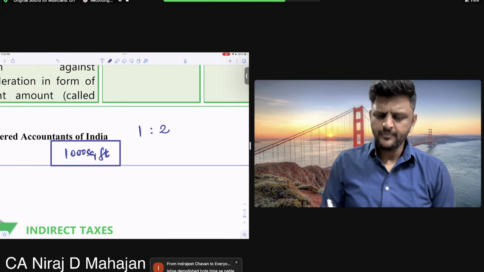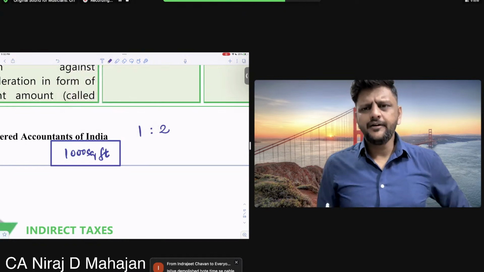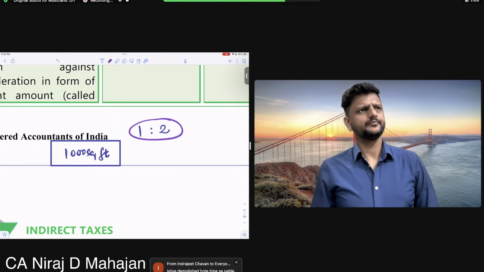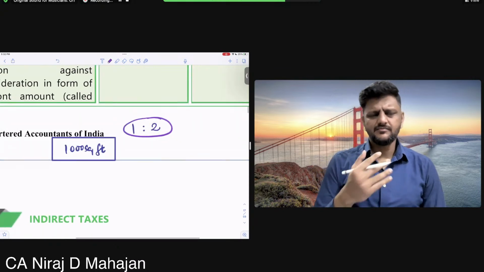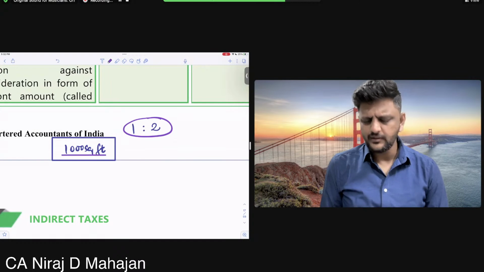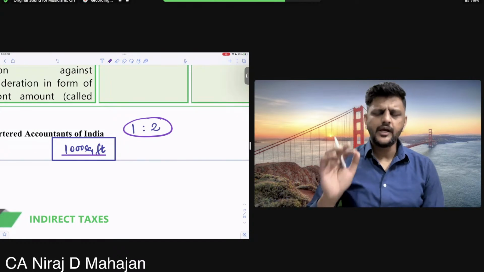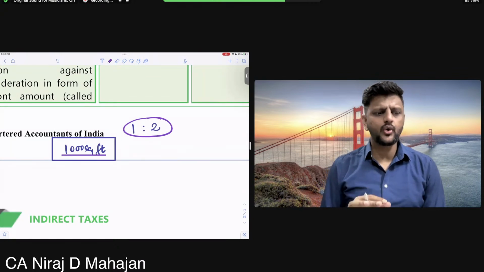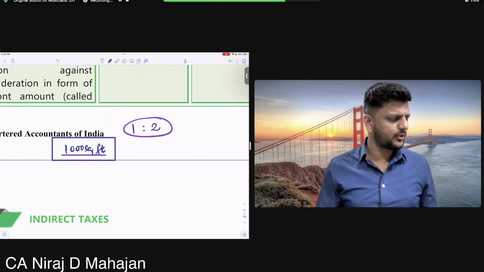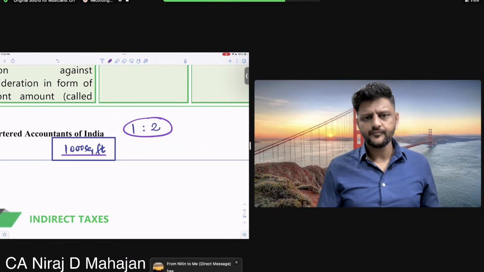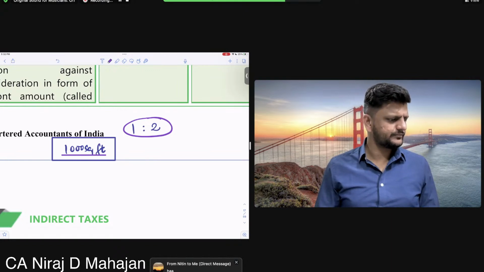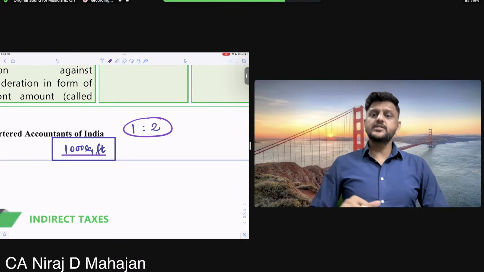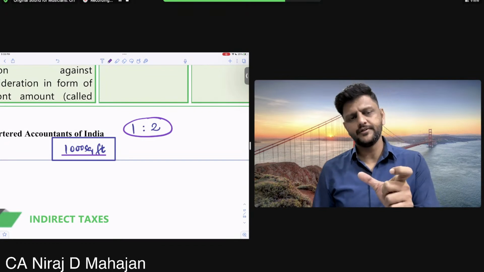Now, if in a particular area the FSI is 1:2, but a person has built only 1,000 square feet on his land of 1,000, clearly he has authority to construct another 1,000 square feet. Are you getting my point? So he has one more 1,000 square feet available with him.